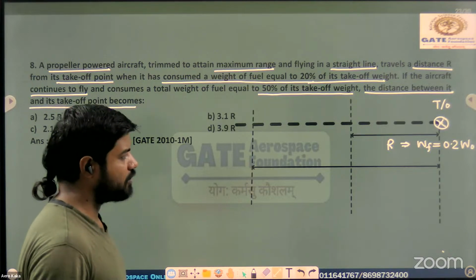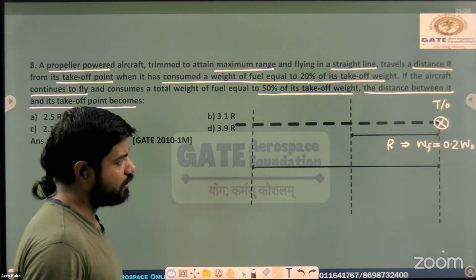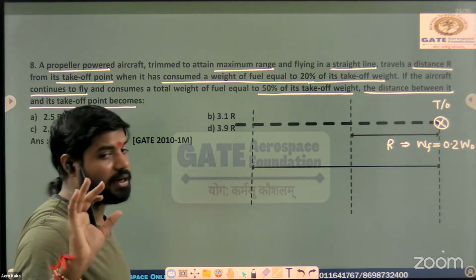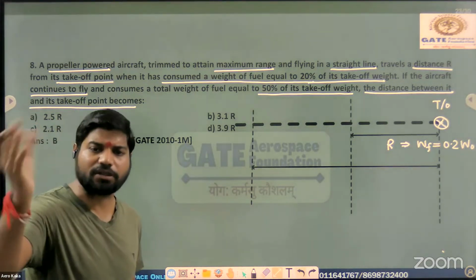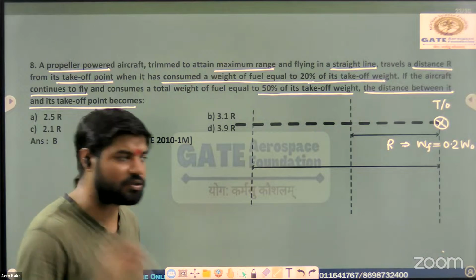Now they are saying suppose the fuel consumed by this aircraft is 50% of its takeoff weight, or initial weight.